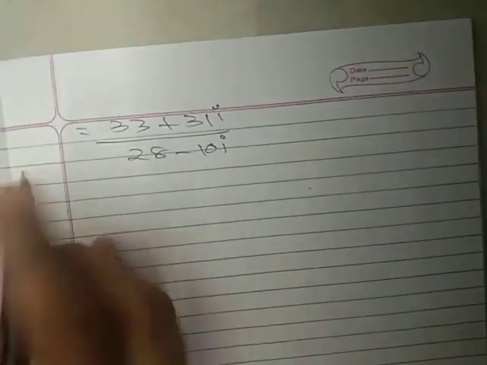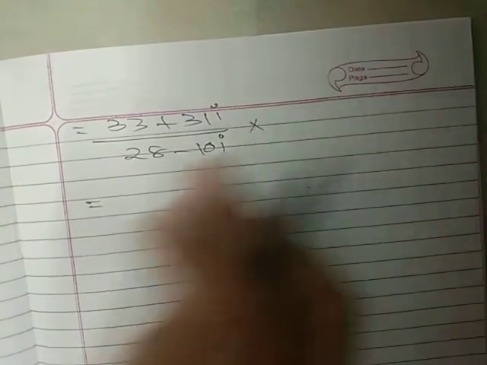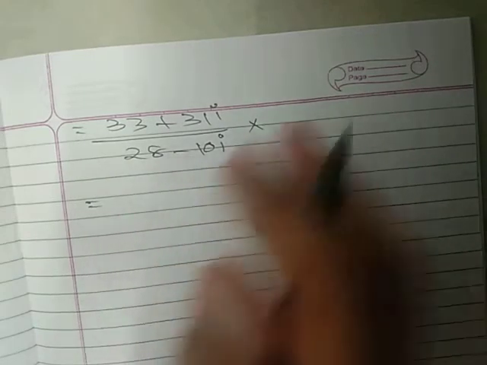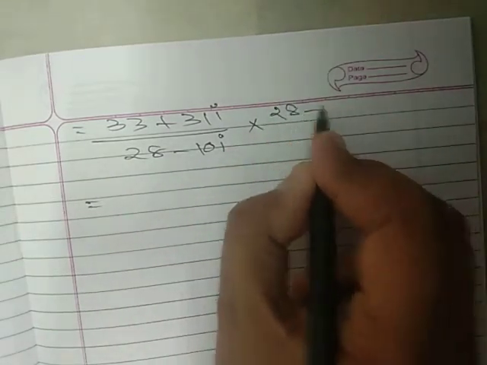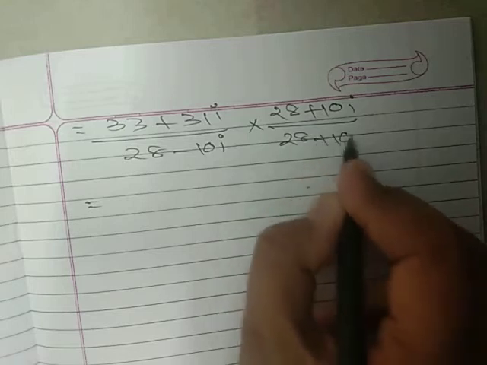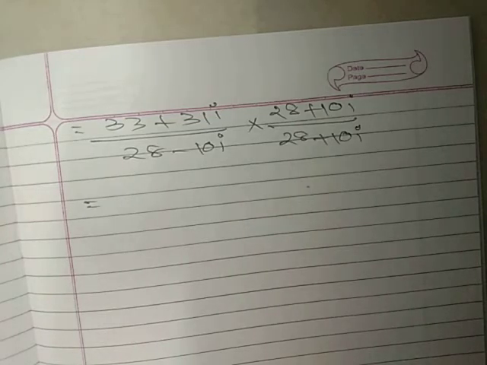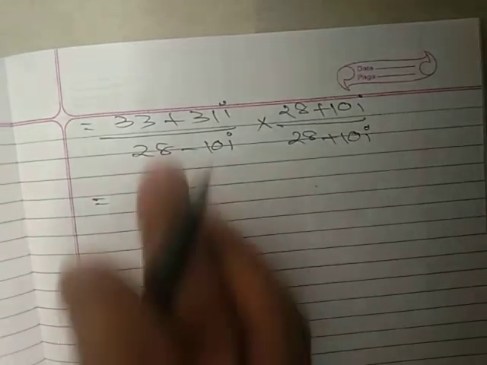Now take the conjugate of the denominator, 28 plus 10i. A basic rule of mathematics: if numerator and denominator are both given, the denominator should not be a complex number. Therefore we have to remove the denominator's complex part.